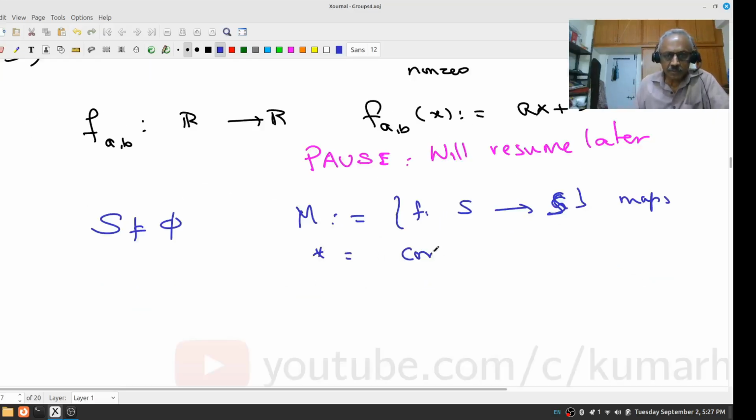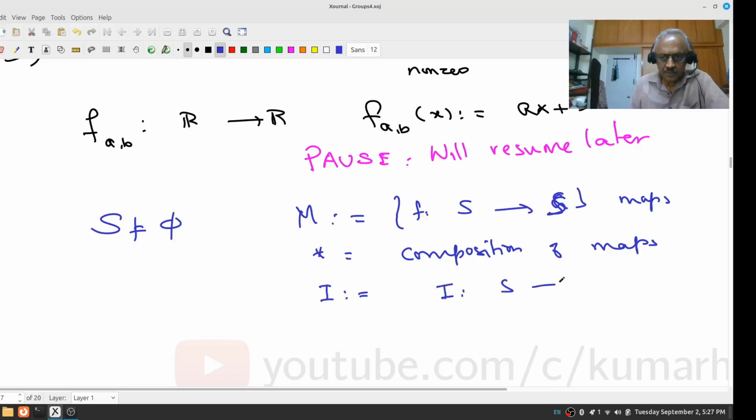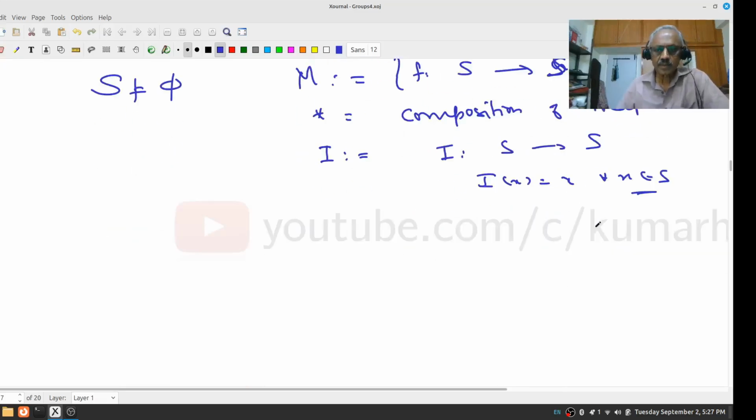Star is the composition of maps. And what is the identity? I is a map from S to S such that I of x equals x for all x in S. So we know therefore that M is a monoid.